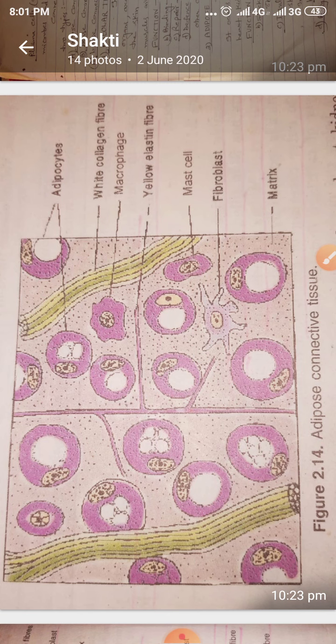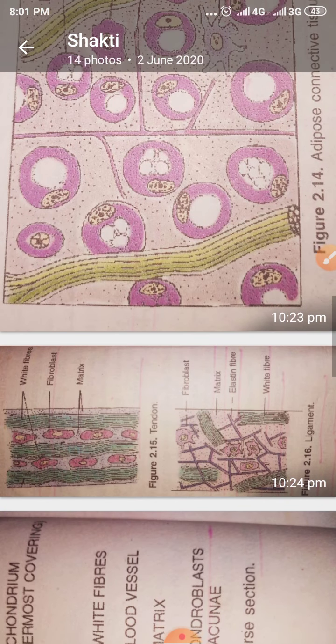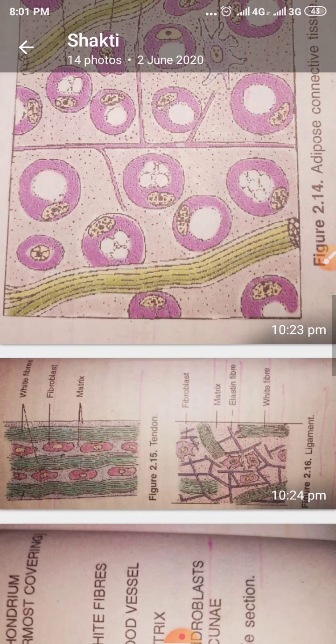Okay. Now we come to the third type, tendon. Here you see tendon. Tendon is a structure which has only white fiber. It is a dense connective tissue, has white fiber, and that white fiber is arranged parallelly, and fibroblast cells are in a row.